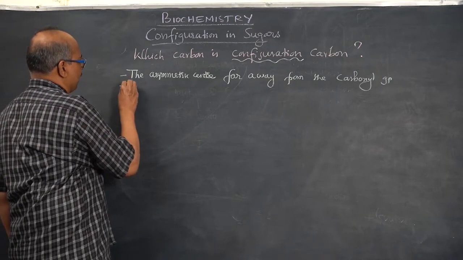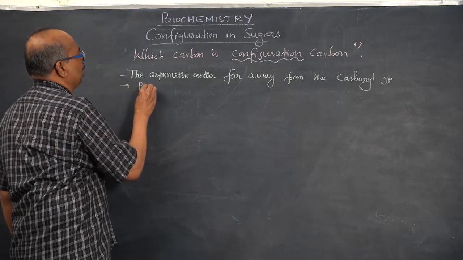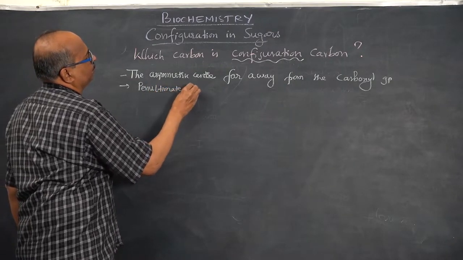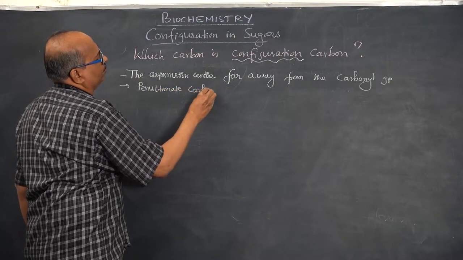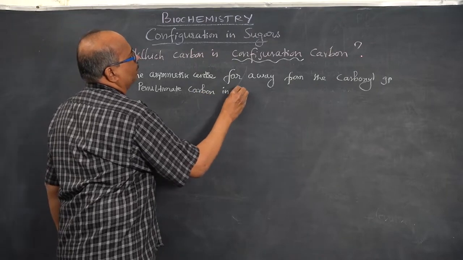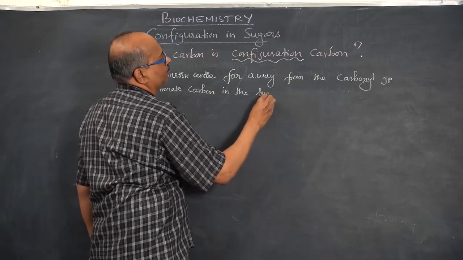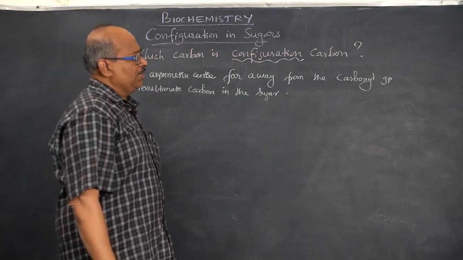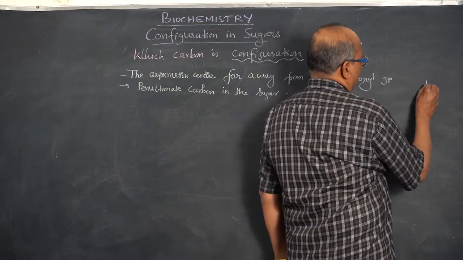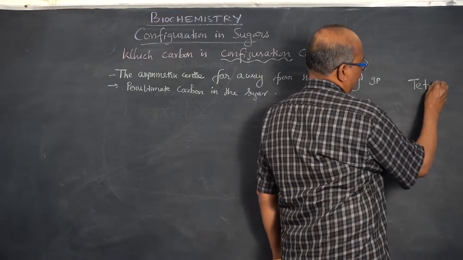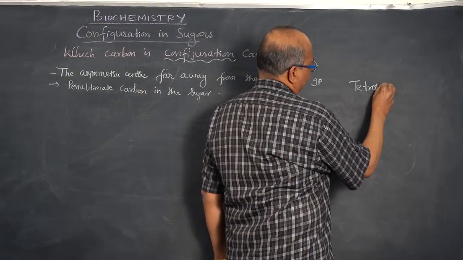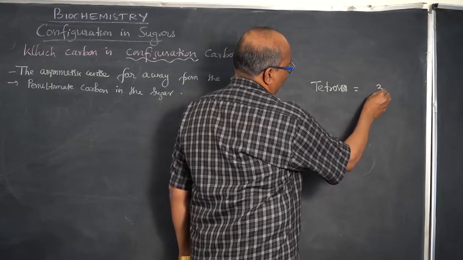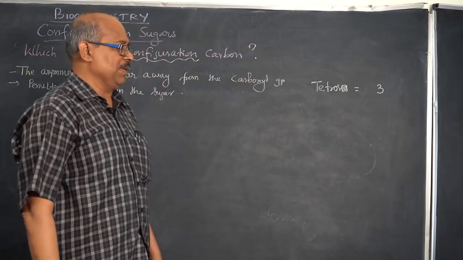This you can also write as penultimate carbon in the sugar. So if you take tetroses, configuration carbon will become 3 because there are 4 carbons.